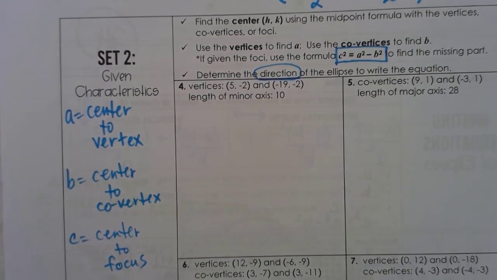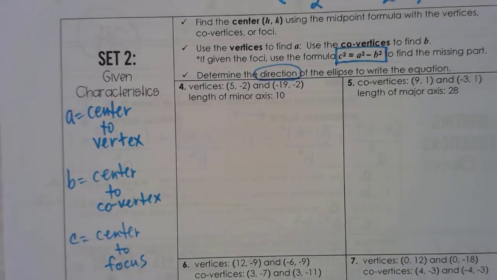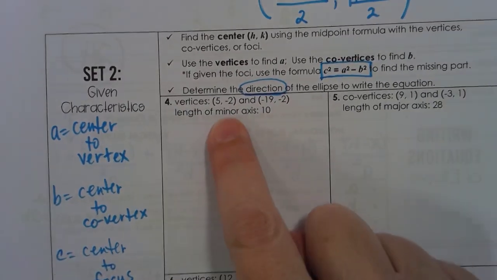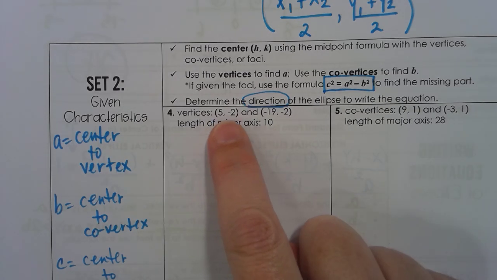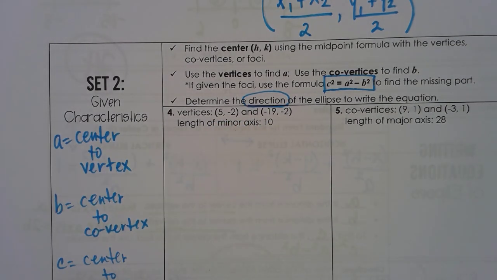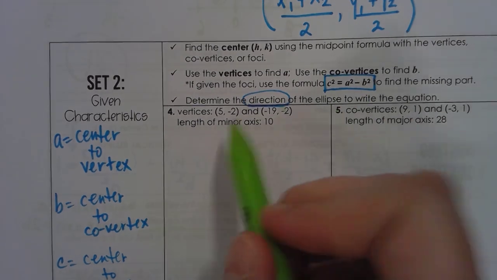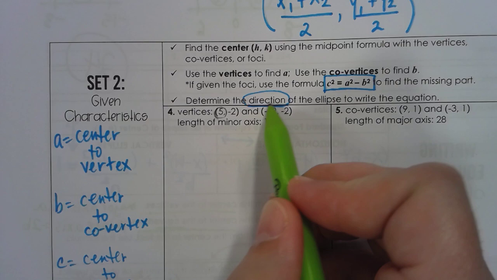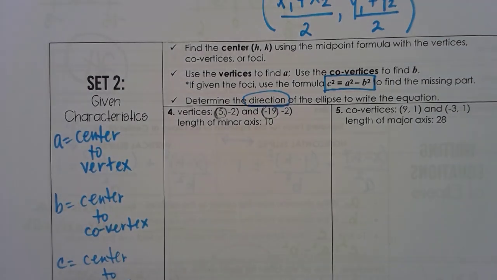Okay, so number 4. We are given the vertices at (5, -2) and (-19, -2). Do you see the number that's different there? They both share the -2. So I'm going to look at the 5 and the -19.